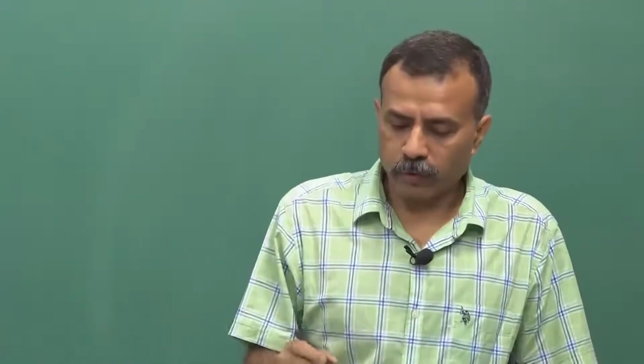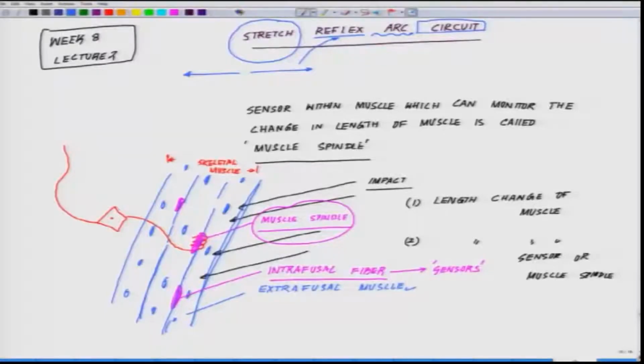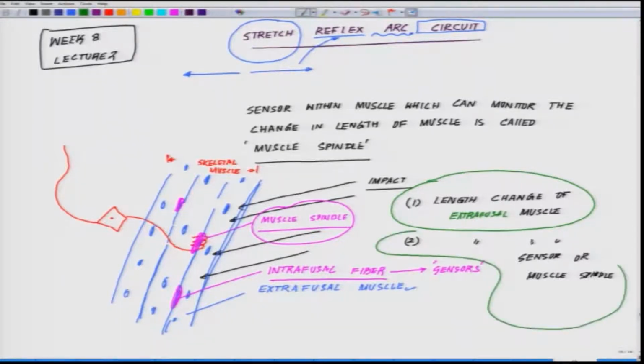Now coming back to the circuit we were talking about, there are two levels at which the change in length is happening: the change in length in the muscle, which essentially means extrafusal muscle, and the change in length in the muscle spindle, which essentially means in the intrafusal muscle.